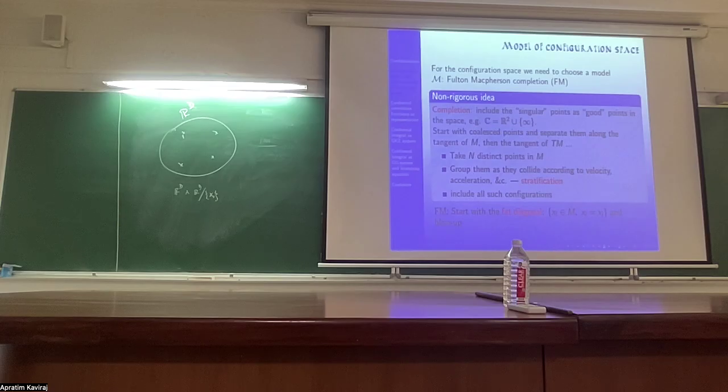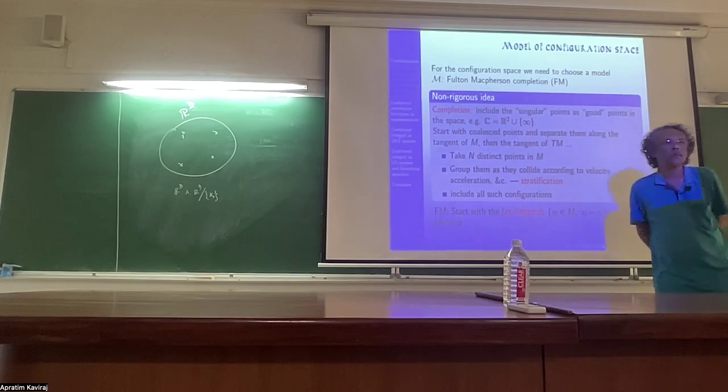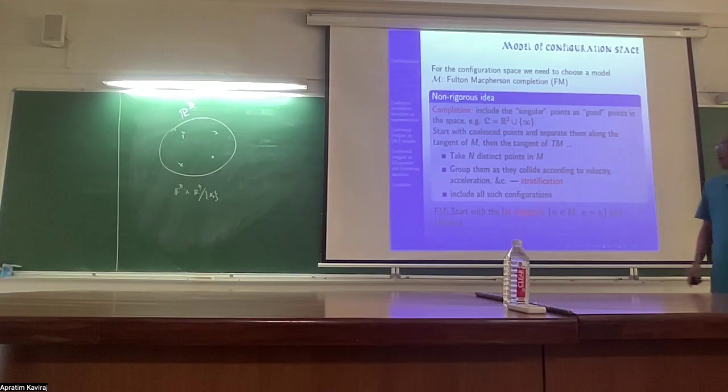Yeah. So for the configuration space, one has to actually make some sense out of the singular spaces. One has to take something called models. The one I take is what is called a Fulton-MacPherson completion of this model space. So here's a kind of non-rigorous idea. As I said, you take non-coalescing points, so you have n distinct points in M, and group them as they collide, so you can classify them. You are demanding non-coalescing points to avoid the singular points first.